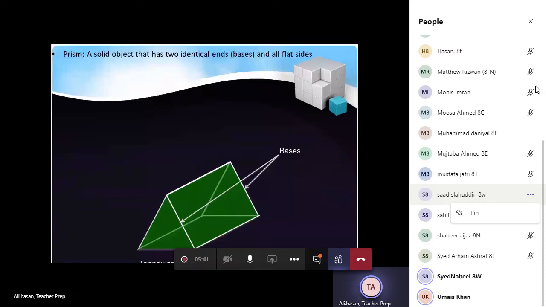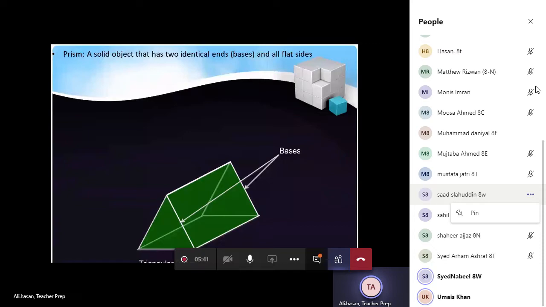Can anybody tell me why? Sir, because they are the bases of the prism. Sir, because it is a rectangular prism. No, that's not the answer. Because they are identical, beta.